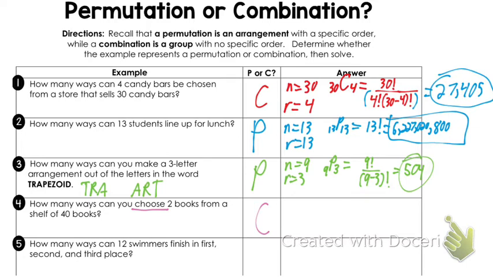Is there any difference? No, it really doesn't matter, because either way I'm grabbing 2 of them. So if you can say, hey, I can flip the order around and it won't change a thing, then it's not going to matter. I want you to take a second to try and set this one up. Look back at previous examples that are similar.